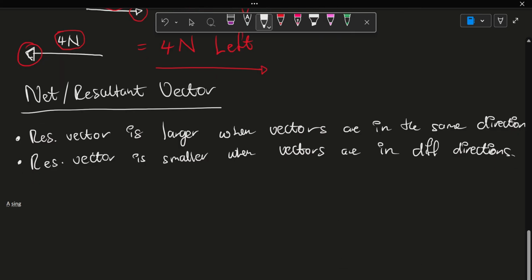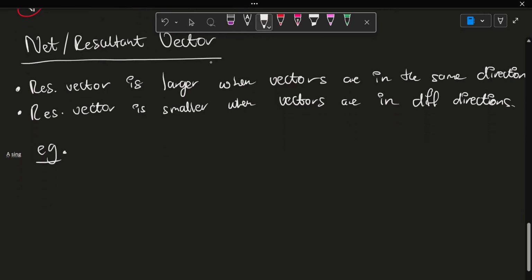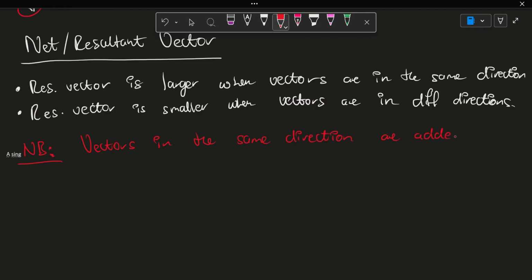So what do I mean by that? Before I take an example, I just want to say this very important thing, another NB. Vectors in the same direction are added together, so you add them, plus sign.